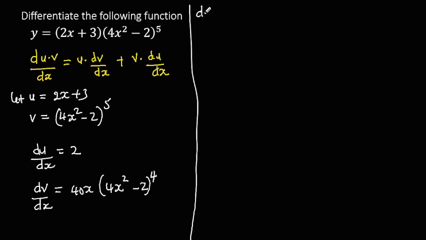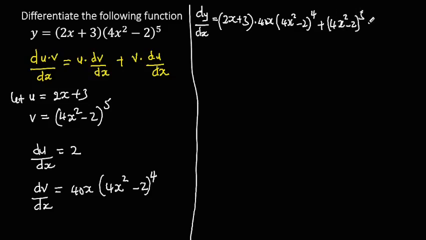That is, the change in y due to change in x is going to be equal to: you take the u, in this case the u is 2x plus 3, you multiply by dv/dx. dv/dx is 40x into bracket 4x squared minus 2, you raise it to the power of 4, plus you take the v, which is 4x squared minus 2 into bracket, you raise it to the power of 5, you multiply by du/dx, and du/dx is 2.